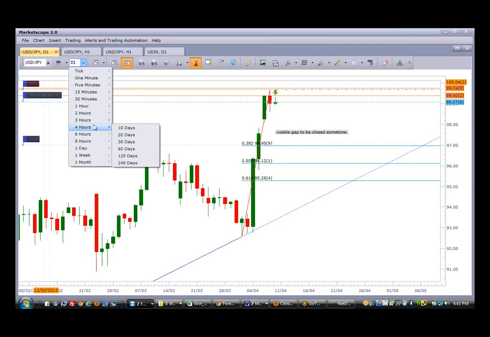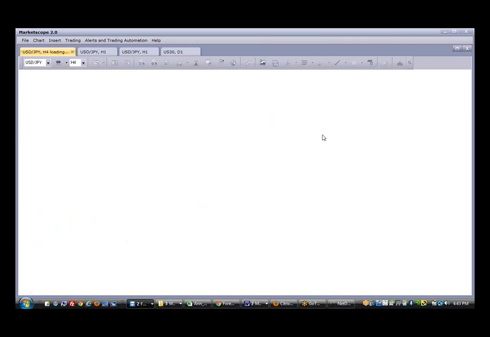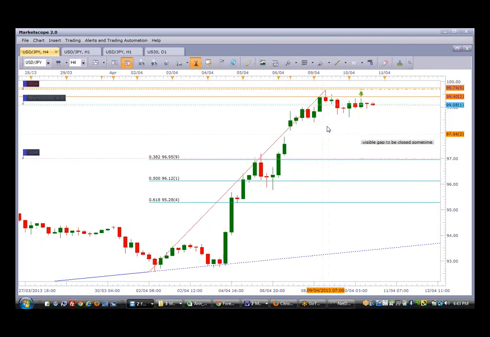Let's look at the 4-hour chart. The 4-hour chart also shows evidence of this pair weakening. The highs are actually lower, and the low here as well has tested a new low right here.